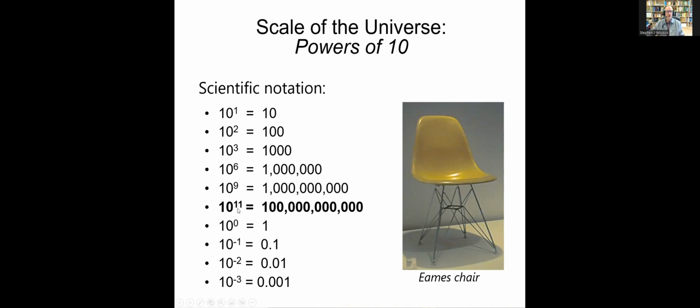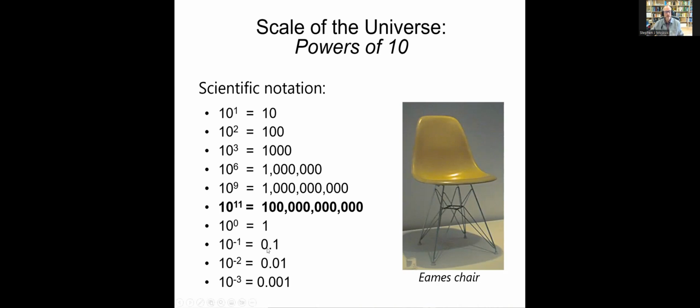We can go all the way up here in this notation. 10 to the 11 is just 11 zeros following the number 1. So 100 billion can be expressed as 10 to the 11. Well, we can go in the other direction, of course, using the minus sign.